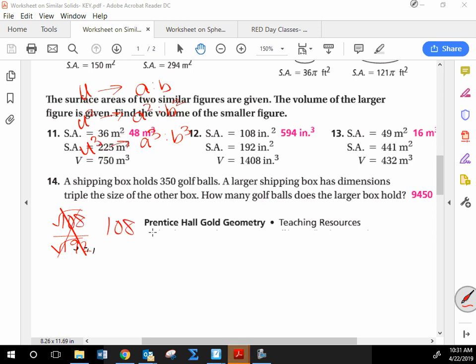So then you have smaller, easier numbers to work with. So half of 108 is 54. Actually, can 4 go into it? Let's try 4. Never mind. We'll just do it in halves. All right, so 54. What's half of 192?